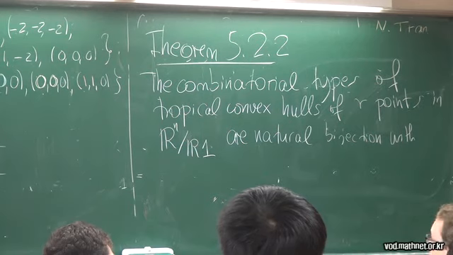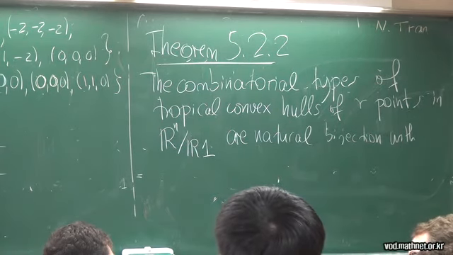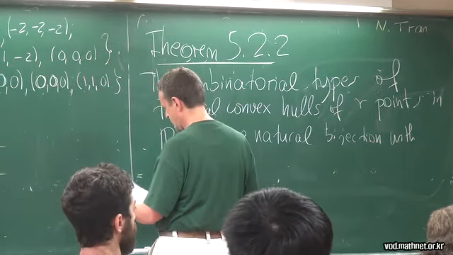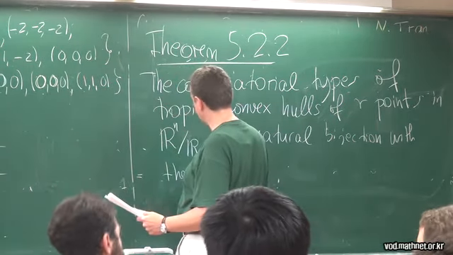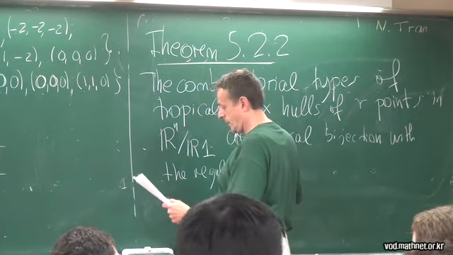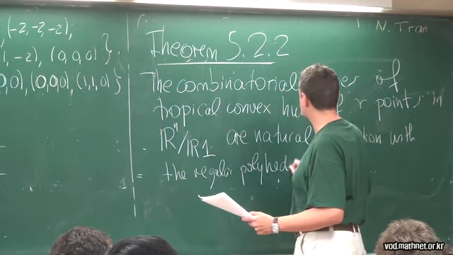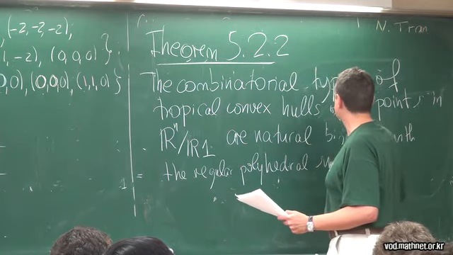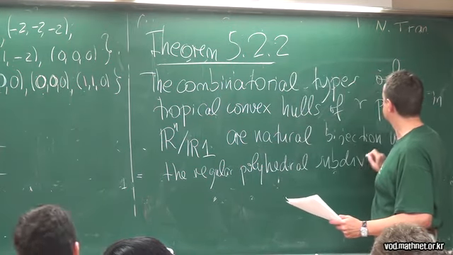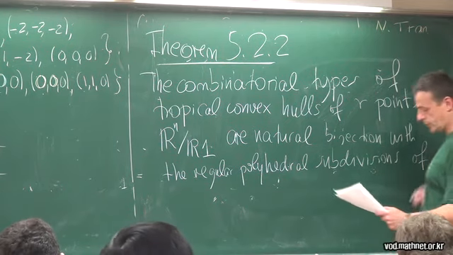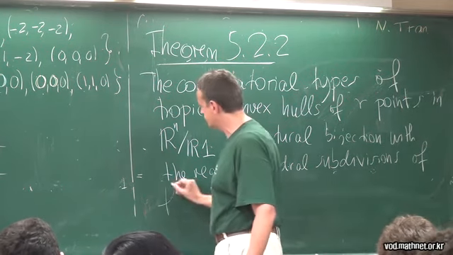So the combinatorial types of tropical convex hulls of r points in this n-1 dimensional space are in natural bijection with a bunch of other things, but in particular with regular polyhedral subdivisions of the product of 2 simplices.